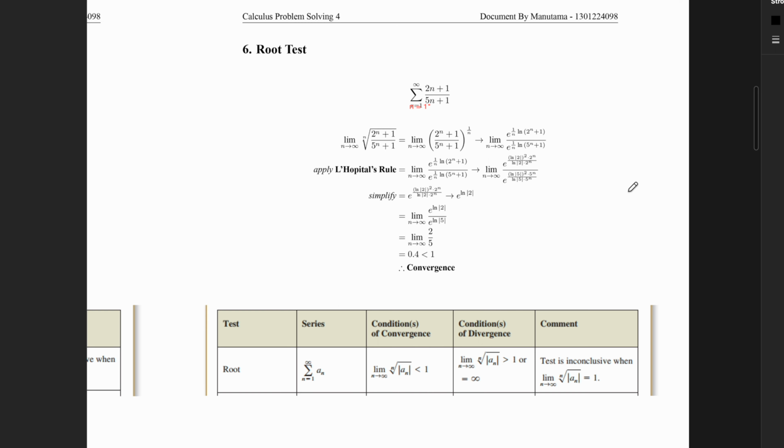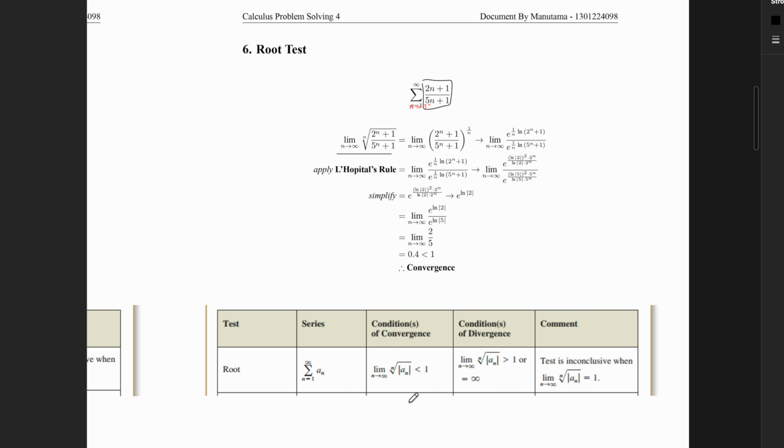For the last number, it is a root test. For the root test, it's basically taking this function and taking not the square root, but the root to the n, with n going to infinity, like this.